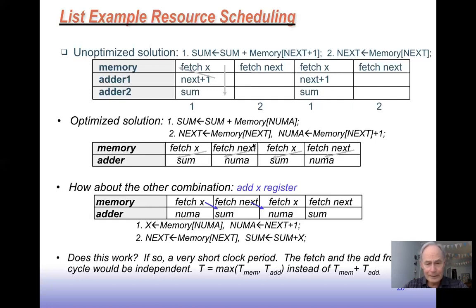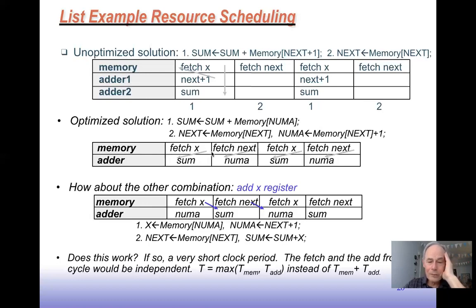On the next clock cycle, we fetch next here, send that value over here, and we can compute NUMA with the adder, in the second half of this clock cycle. And then that repeats. This data dependency here means we have two things that happen in this clock cycle: the memory fetch and then the sum, and they're in sequence with one another. We can't really overlap those. That's what this arrow designates. Therefore, we get a long clock period here.